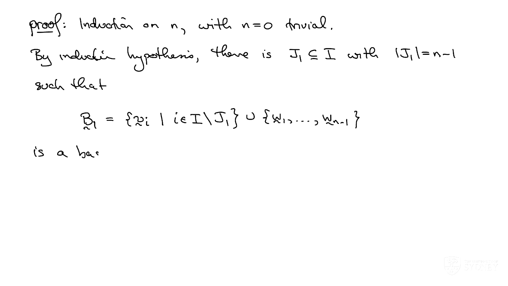Okay, so that's just the induction hypothesis, and then to get the next step, the n plus 1 step, so to speak, is the replacement lemma. So let's do that. So since this is a basis, Wn, this next guy in the linearly independent set, B1 spans the space, so this is a linear combination.